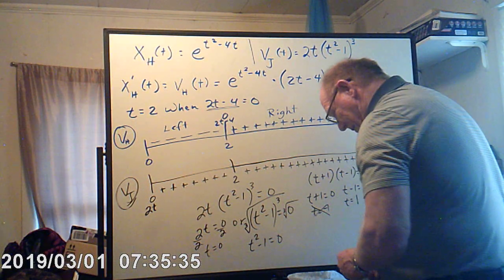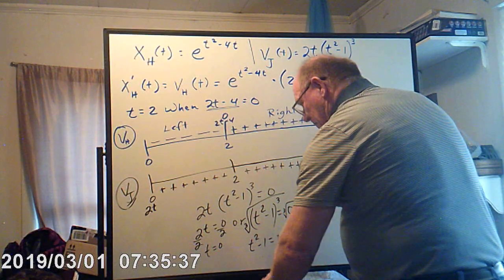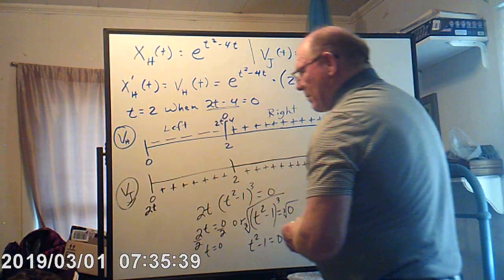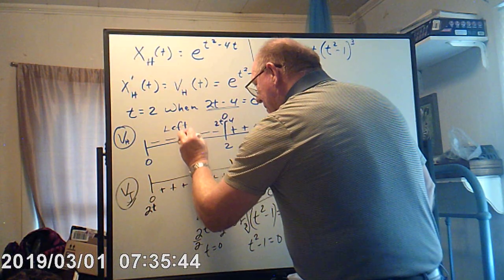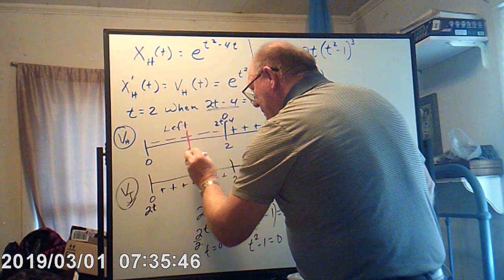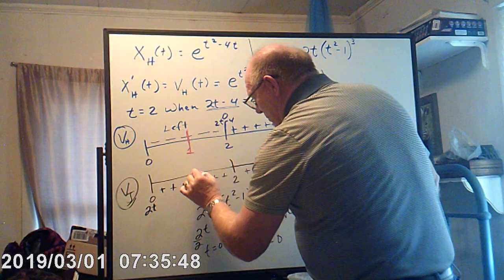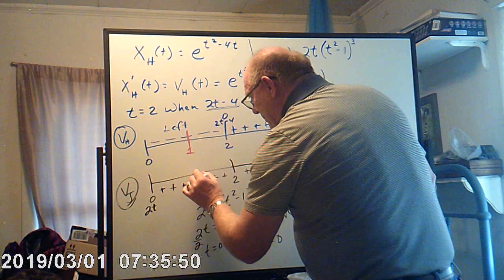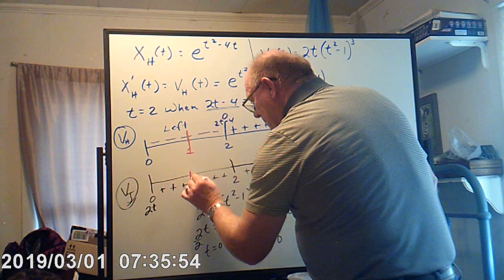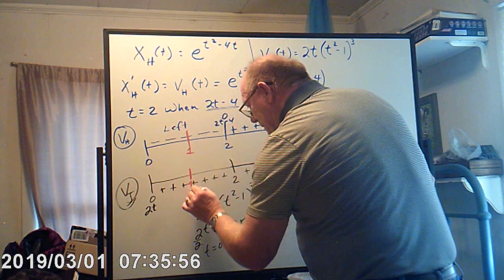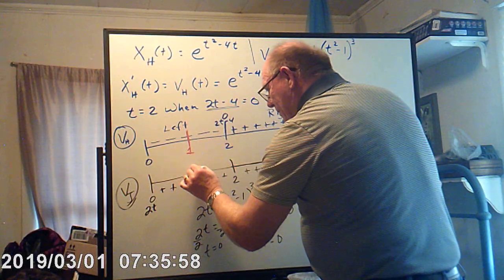So what we're going to do is, t is equal to 1. I'm going to put a 1 here. I'm going to put a 1 on both of these. So 1. And we got a 1 on that one. I might as well put it on that one too. Right here, 1. Now let's think about it.